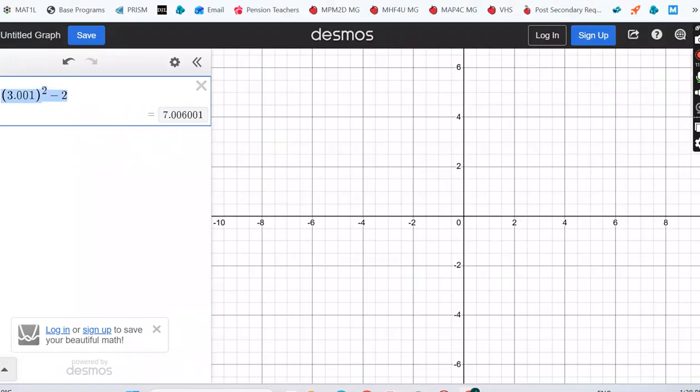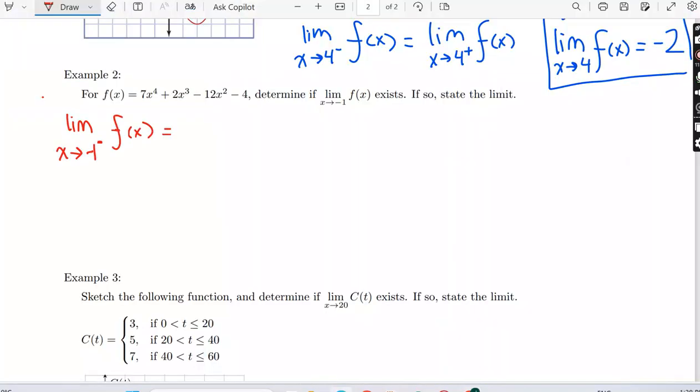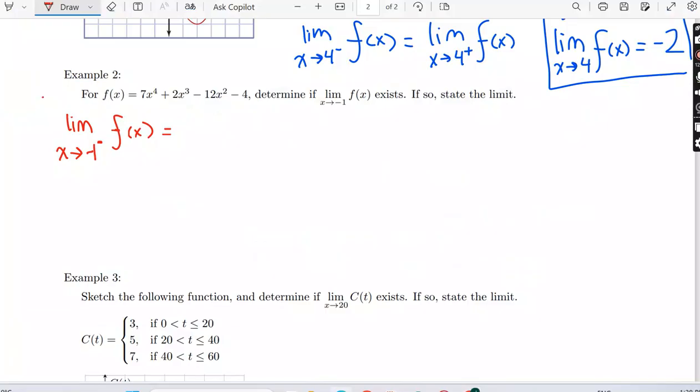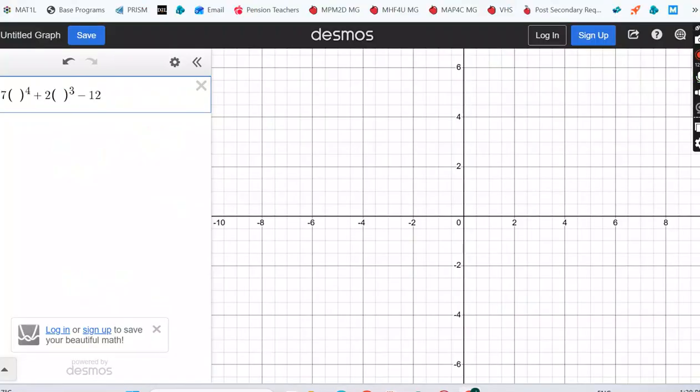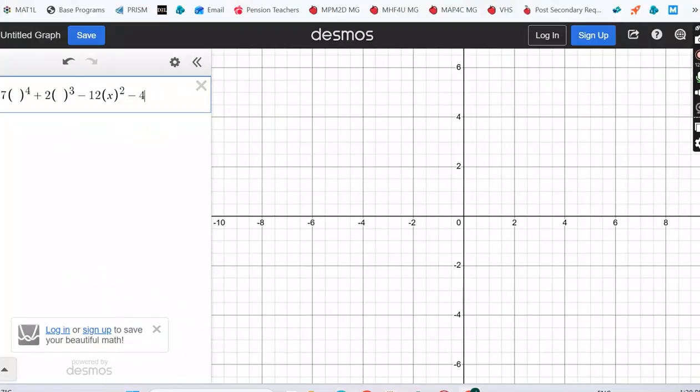So it is 7x^4 plus 2x^3, where those x's are, I'm going to replace those with numbers, so I'll just leave them blank, minus 12x squared, and minus 4. Okay, so I would write all this out.